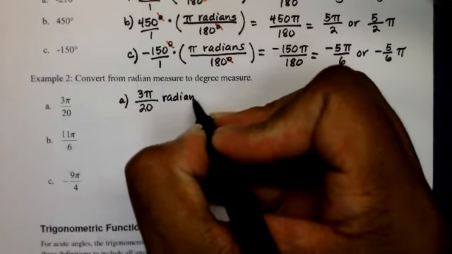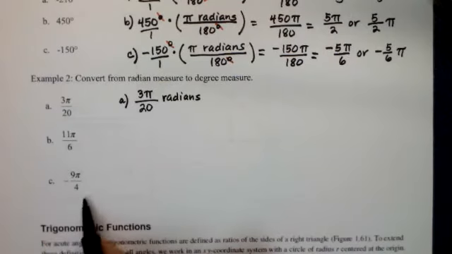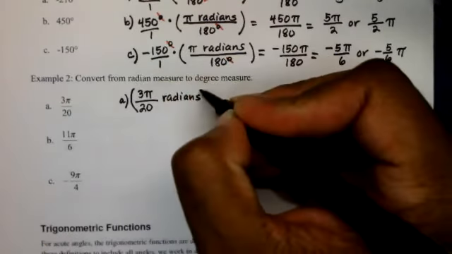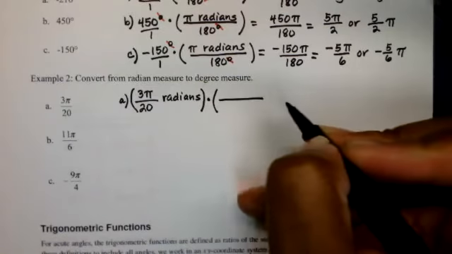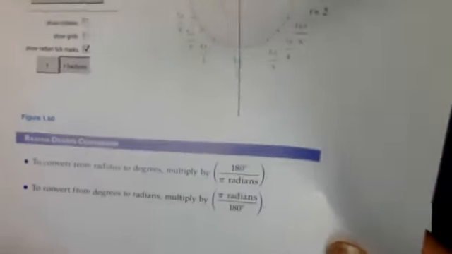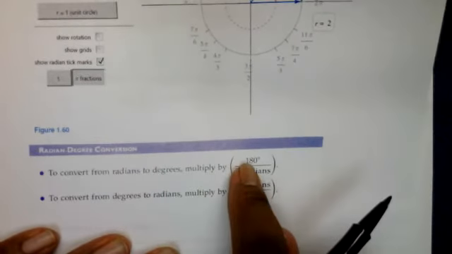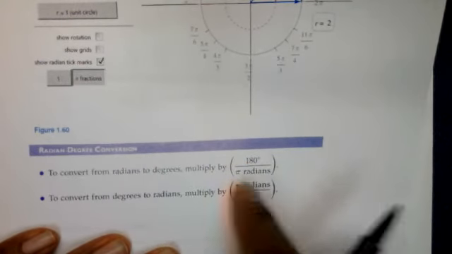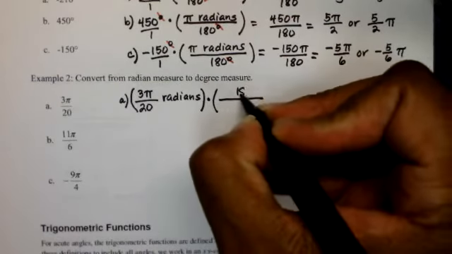Because radians has pi in it, as you can see in each of these. Now we want to convert to degrees. That means we're going to be using, in this case, this conversion from radians to degrees. We multiply 180 degrees over pi radians.